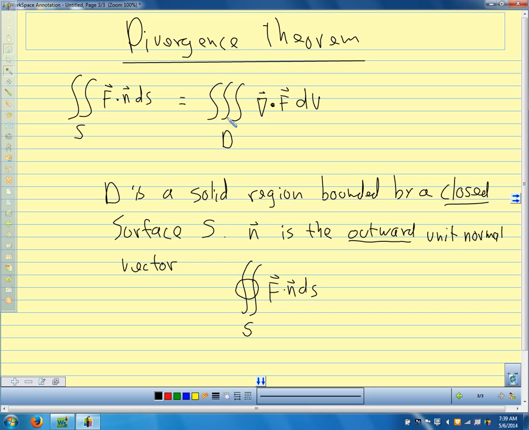So the divergence theorem only applies to a closed surface, and n is our outward unit normal vector. If our surface is really complicated, this flux integral can be really difficult to evaluate because we have to find our outward unit normal vector for the different parts of the surface and add all those together. Instead, we can apply the divergence theorem and do this triple integral of the divergence.